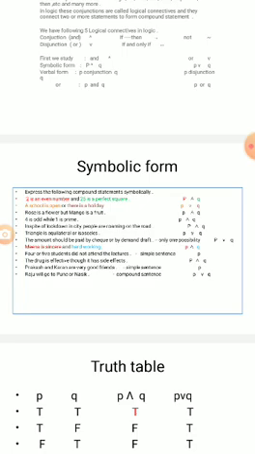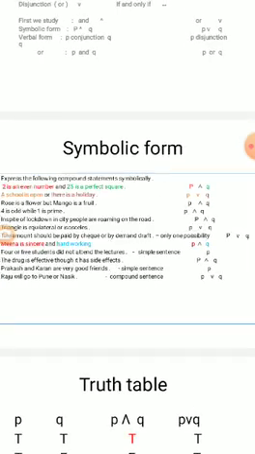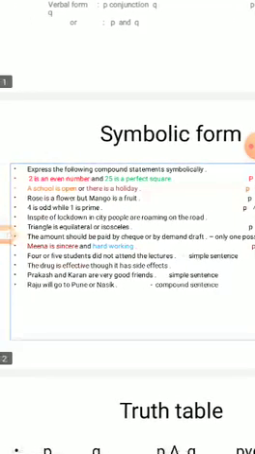Then there is another example. A rose is a flower, but mango is a fruit. Now sometimes instead of the word and, we have other words like but, whereas, while, in spite of, although, etc. So all these words also give similar meaning and they form conjunctions of P and Q. So this is another example.